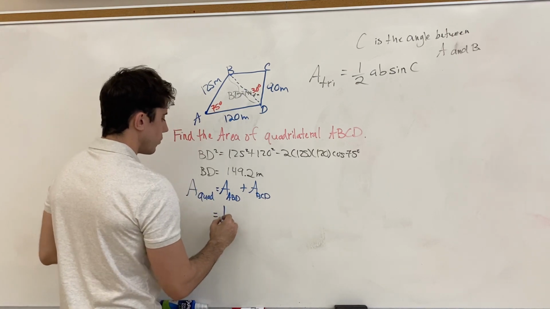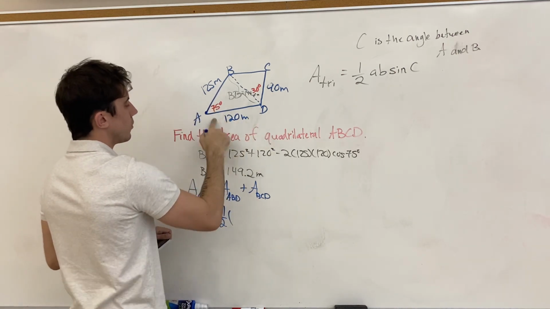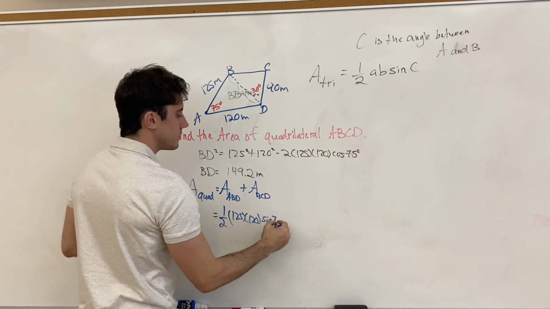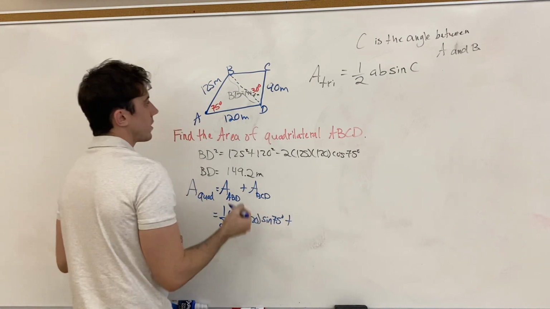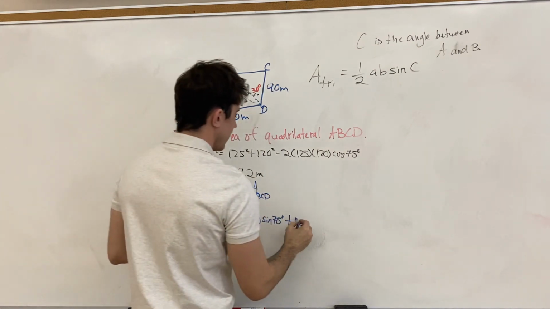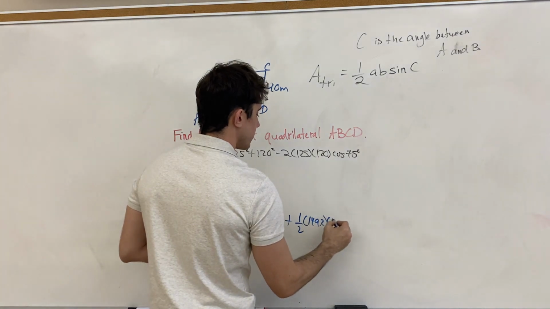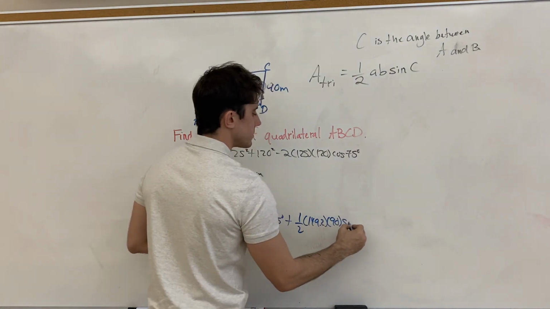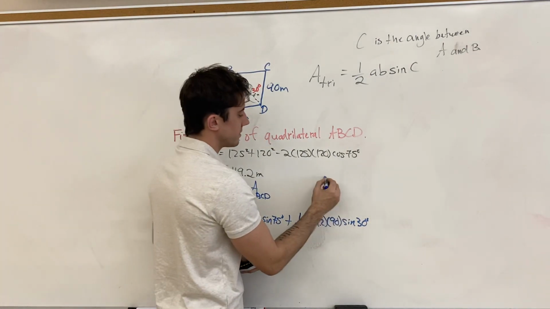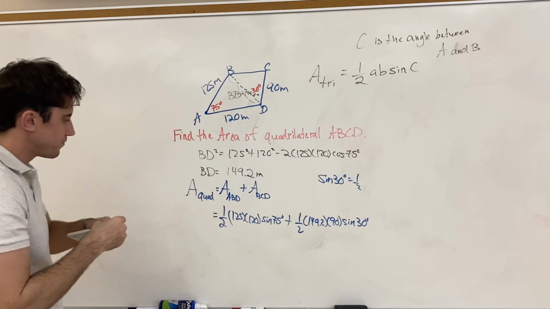So ABD has area 1/2 AB sine C, so 1/2 times 125 times 120 times sine of 75 degrees, plus triangle BCD, using these two side lengths and the angle in between, again 1/2 times 149.2 times 90 times the sine of 30 degrees. For those of you that are familiar with the unit circle, you know that sine of 30 is simply 1/2.